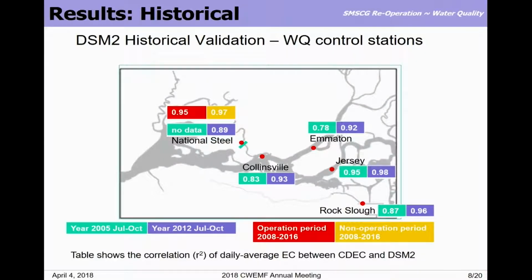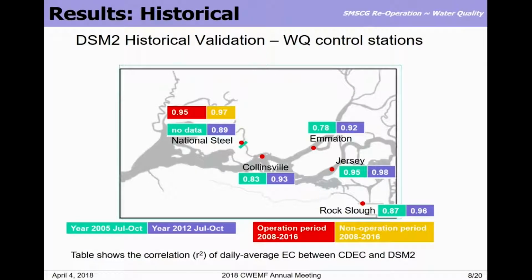We picked 2 representative years, 2005, an above normal year, and 2012, a below normal year, and we check the summertime period to see how our model matches the field data. As you can see, 0.8 is the number shown here, the correlation R square between the daily average of our model result and the field data. It's not perfect, but it's good.